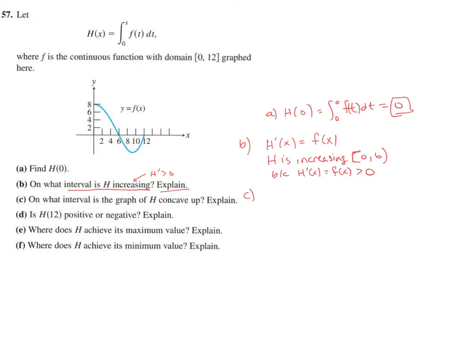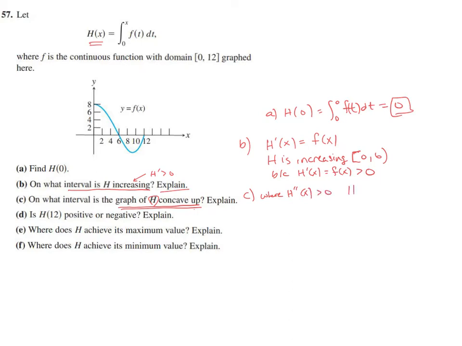So part C says, on what interval is the graph of h concave up? So it's the function h again. And once again, we know that it's concave up when h double prime is greater than 0. So I want to find where h double prime of x is greater than 0.